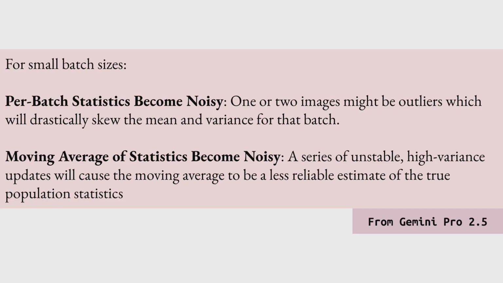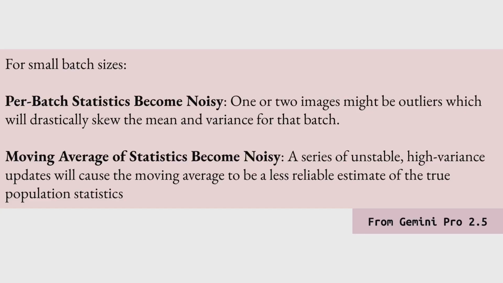A series of unstable, high variance updates will cause the moving average to be a less reliable estimate of the true population statistics. So you can imagine if I have one particularly outlier image and it's in a batch size of 2, its weight in terms of how much it contributes to the batch norm statistics, the mean and the variance, is 50%.